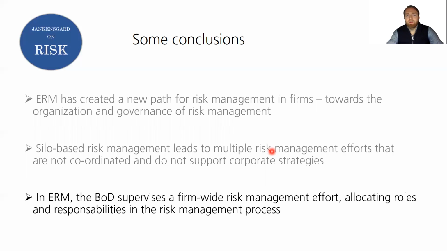Whereas if you have the board of directors supervising a firm-wide risk management effort, you coordinate these efforts and you allocate roles and responsibilities. So you get more attention on risk management, and you create the right incentives for people to pursue the best risk management strategy for the firm as a whole. All right, so these are some of the takeaways.